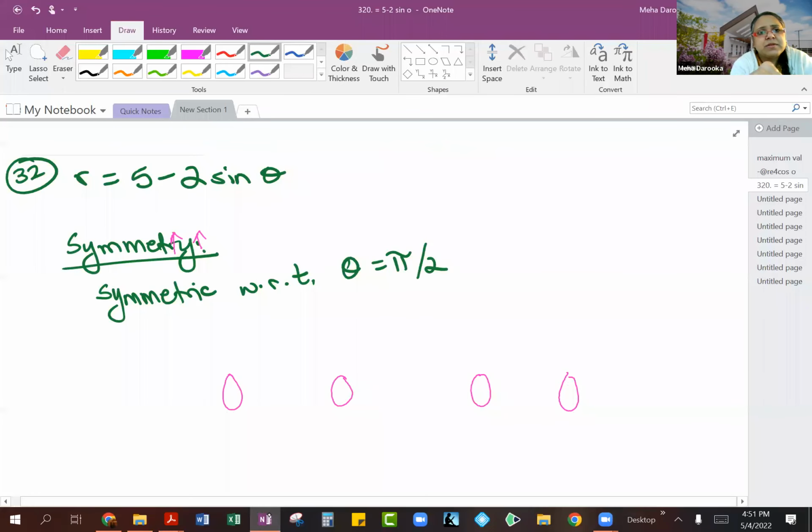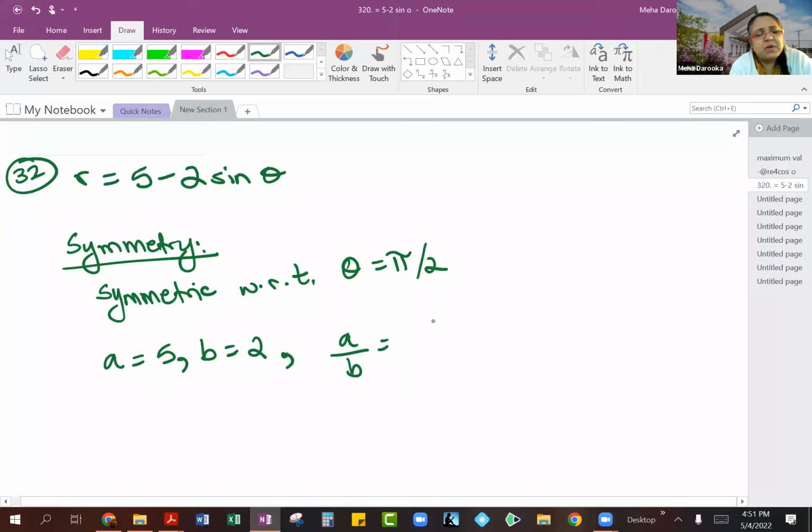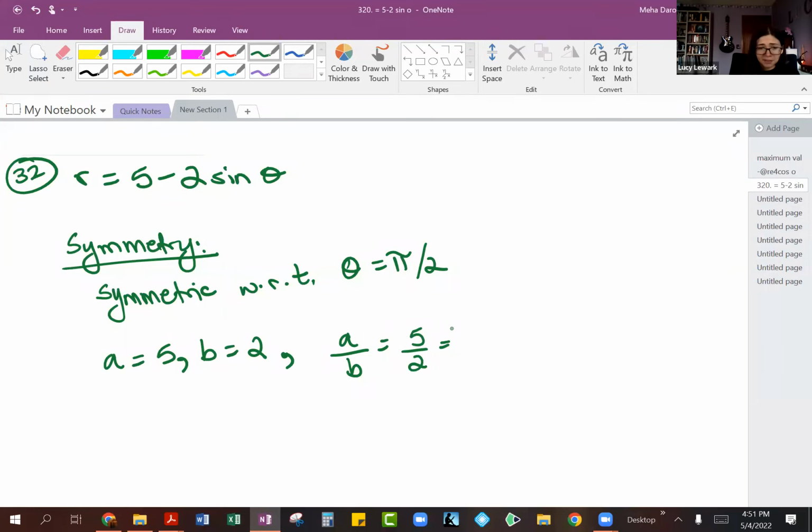So A is going to be 5, B is going to be 2, and A divided by B comes out to be what? 2.5. Yeah, 5 halves, right? 2.5.